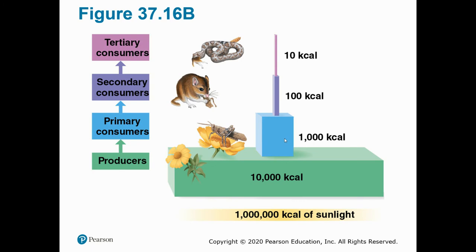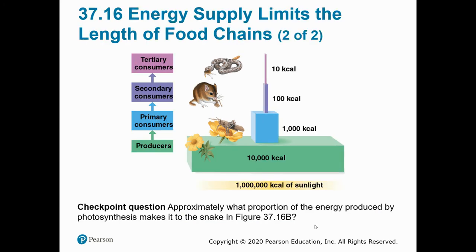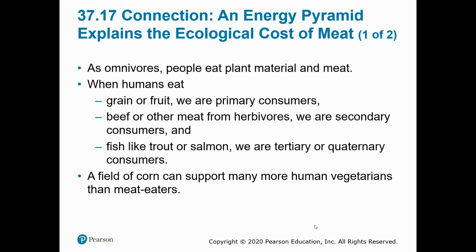Then about 10% of that can then be utilized again, because it's not used up from the next one up, and the next one and the next one. So the more kilocalories of sunlight you come in, the more layers of a pyramid can you have that can be sustained by the energy that's in that food chain.